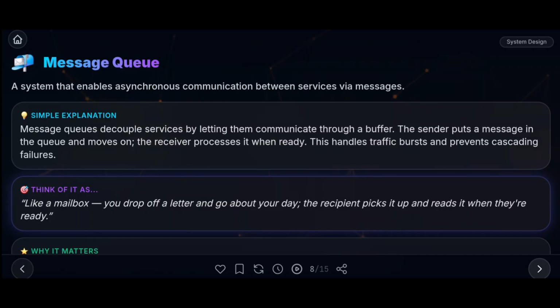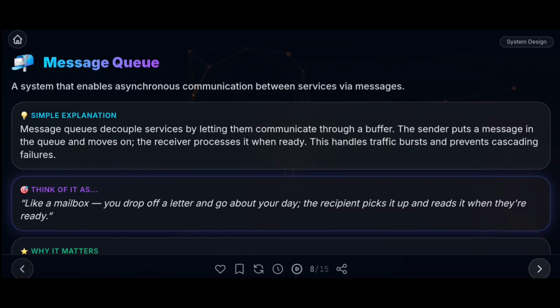The receiver processes it when ready. This handles traffic bursts and prevents cascading failures. The sender sends the request and it is stored in a buffer, and whenever the receiver accepts it, it processes it and sends the data.